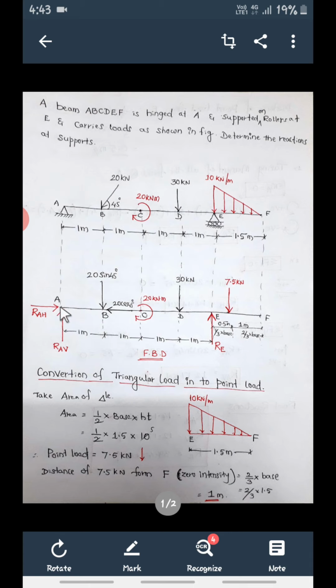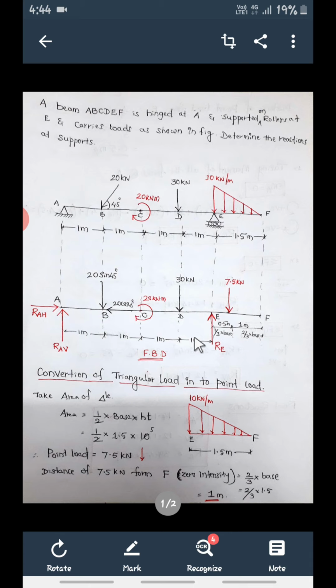Start with the moment of this first force about A. With reference to A, this is clockwise. This will produce clockwise, means plus. So plus 20 sine 45 into the perpendicular distance between A and this load, that is 1 meter. So plus 20 sine 45 into 1. Then this is 0 now.